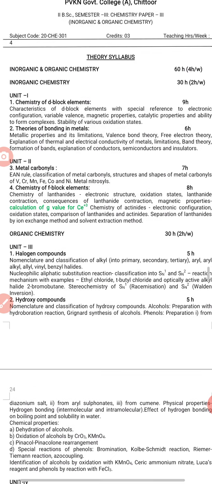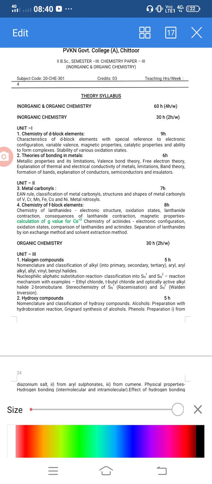Unit 2, chemistry of D block elements. What is D block elements? D block elements means the outermost electron or valency electron is present in d orbitals.